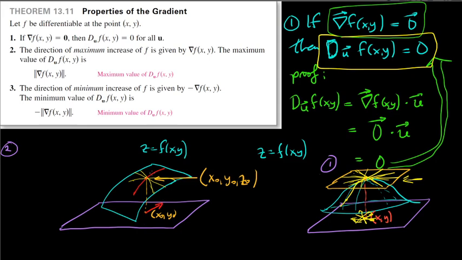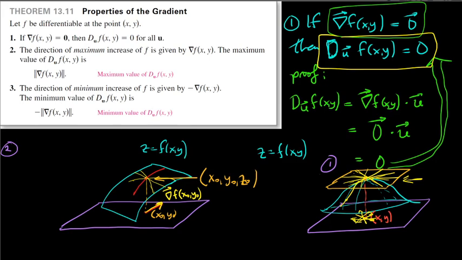It turns out that this little vector here is actually the gradient. It points in the direction of the gradient of the function. So the gradient picks out the one direction that takes you up the hill in the steepest way possible, the maximum increase in the function f.